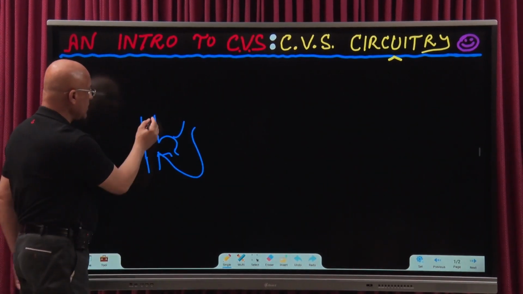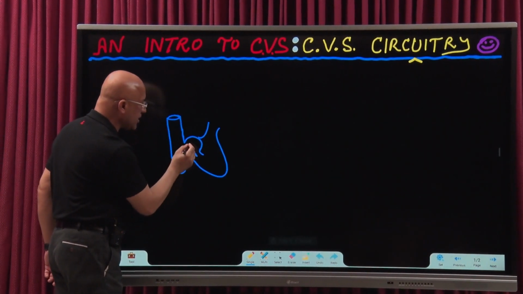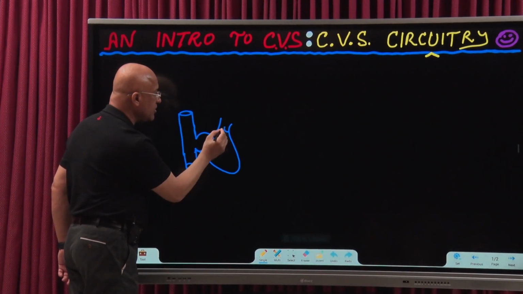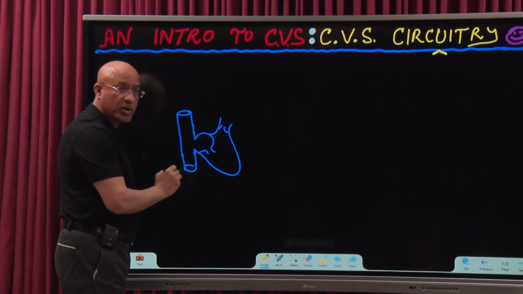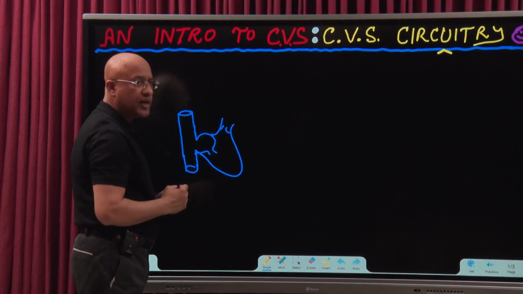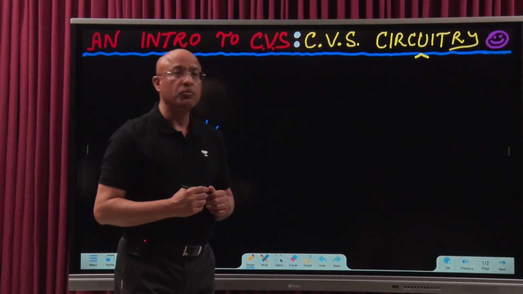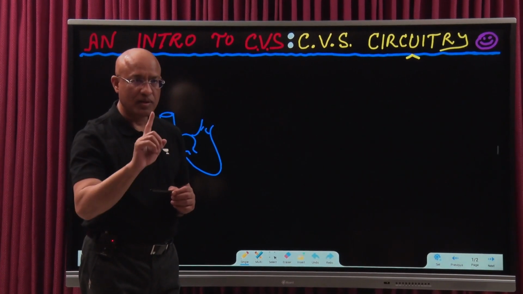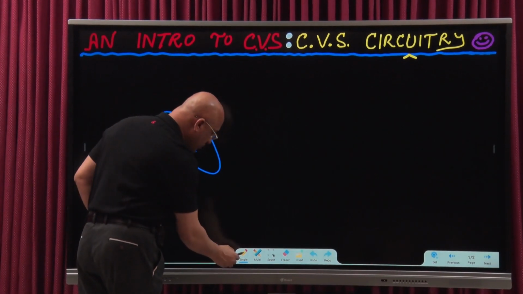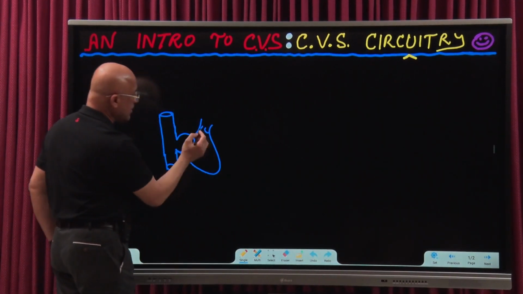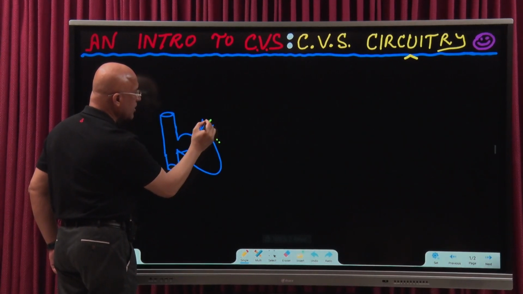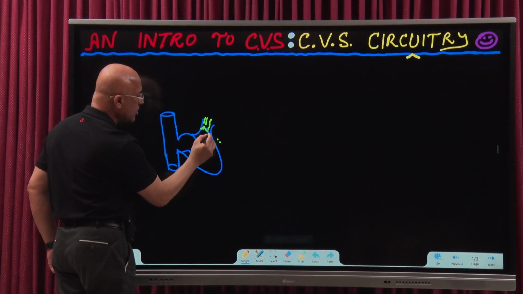Now, as you know, this is the superior vena cava, inferior vena cava, right atrium, tricuspid valve, right ventricle, and this is the pulmonary valve. Now, if we ask where the pulmonary vasculature starts, listen: the beginning of the pulmonary vasculature is from this valve onward, the pulmonary valve.